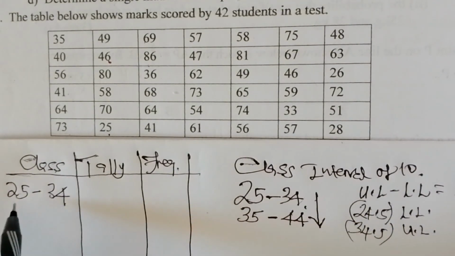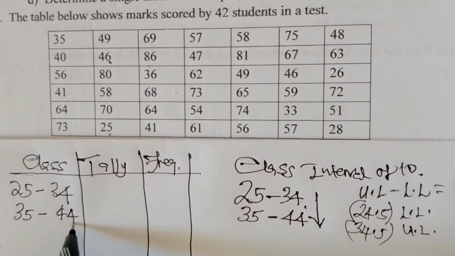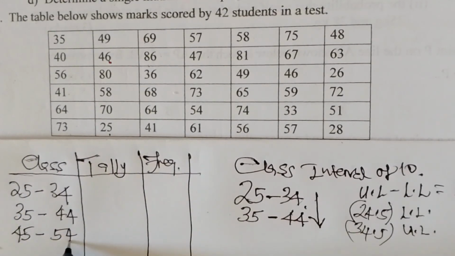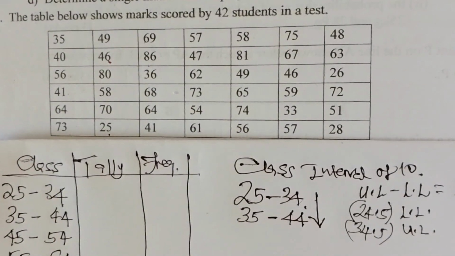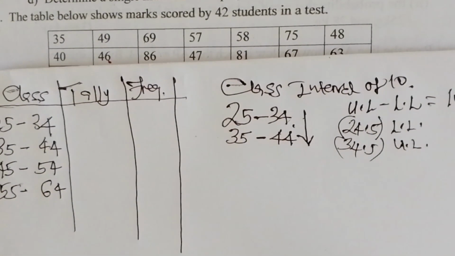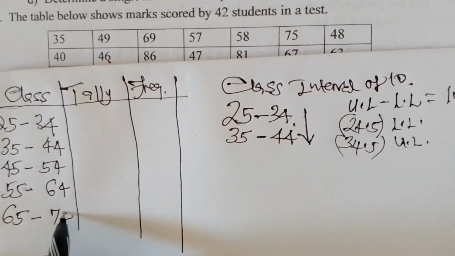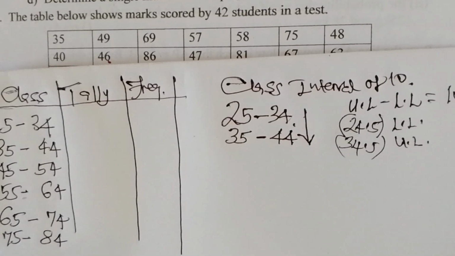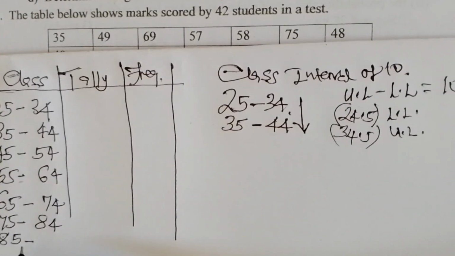So 25 to 34, 35 to 44, 45 to 54, 55 to 64, and then 65 to 74, 75 to 84, and then 85 to 94.